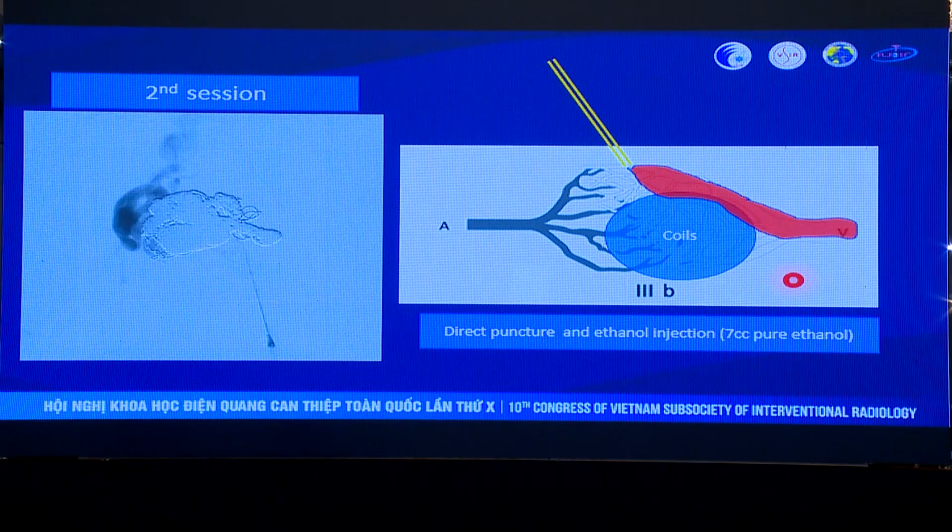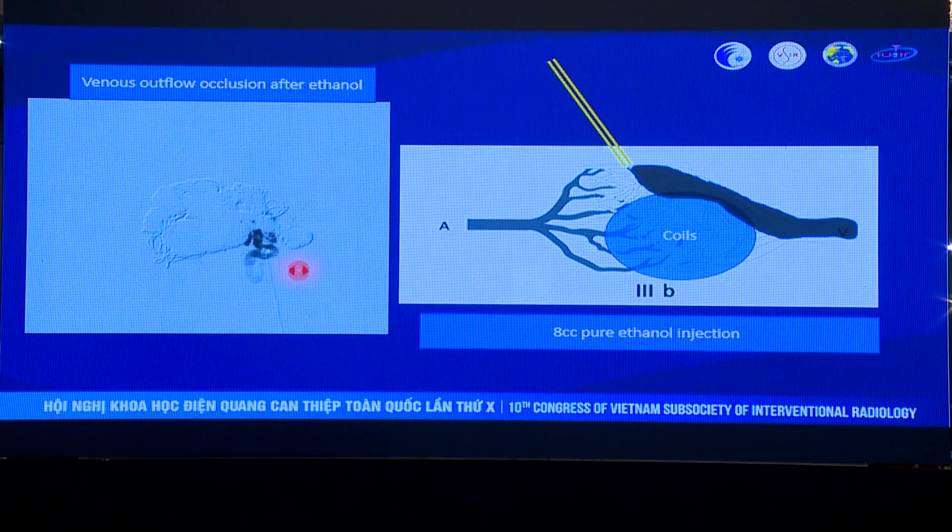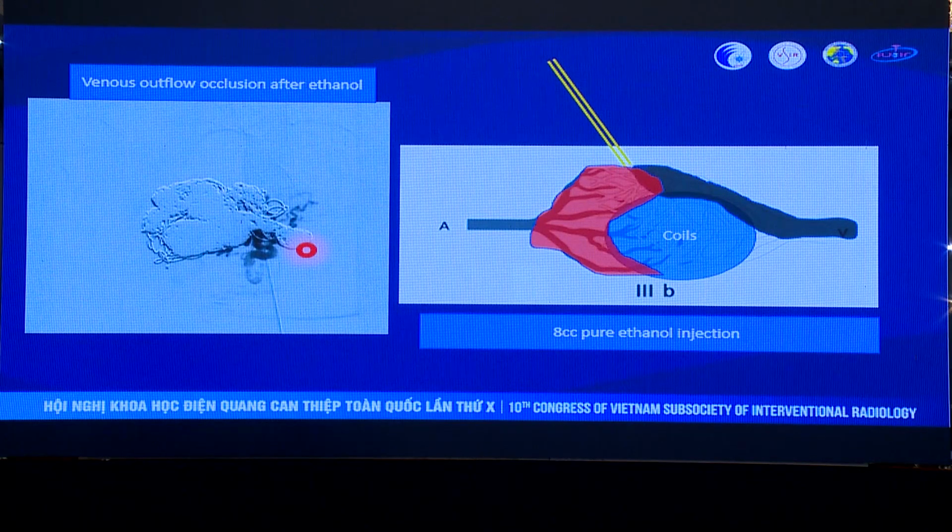We punctured another target, and we used just 7 milliliters of pure ethanol, and then we could control the early draining vein. So you can see the residual feeding artery around the AVM. At that time, we used another ethanol injection in this needle, just 8 cc of ethanol.